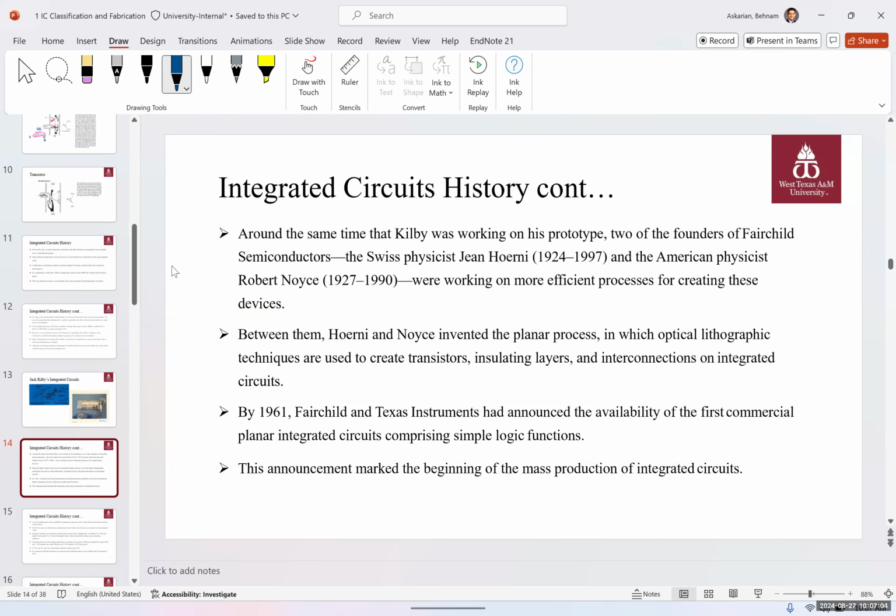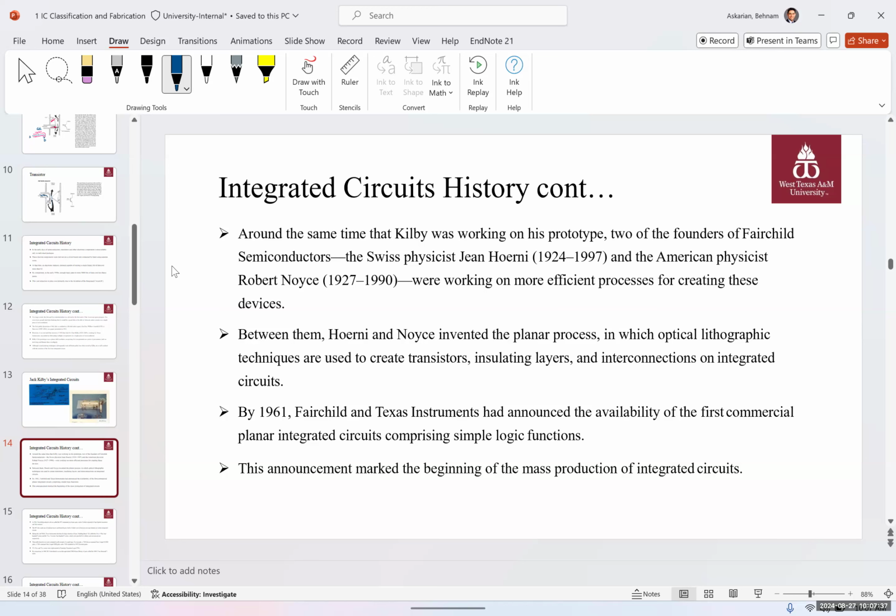Around the same time that Kilby was working on his prototype, 2 of the founders of Fairchild Semiconductors, and eventually people who worked there, like Moore, went and established Intel. They called them the Traitorous Eight or something like that. They are credited with building Silicon Valley, and the reason they call it Silicon Valley is because it's the birthplace of Intel, and they started with the semiconductor and the IC.